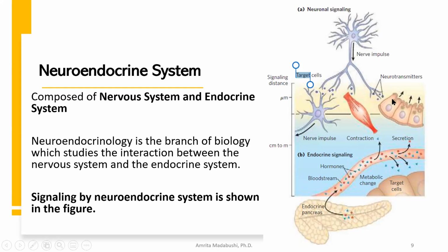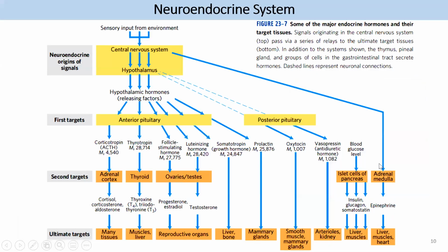That's the kind of signal that is shown here. There is a nerve impulse. It travels via the target cells to different parts and can cause different reactions. That's the neuronal signaling part, the signal transmitting to different parts. And the endocrine is the hormonal part, in which it goes to different parts and triggers the reaction.